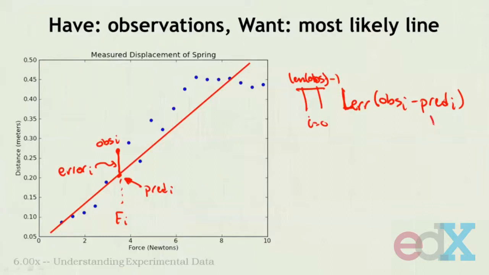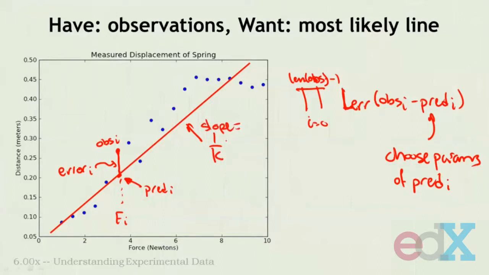And here's what my job is going to be. I want to choose the parameters of my prediction. In this case, it would be the constant 1 over k, which is the slope of the line, and then the intercept of the line, such that that particular choice of parameters maximizes the likelihood.